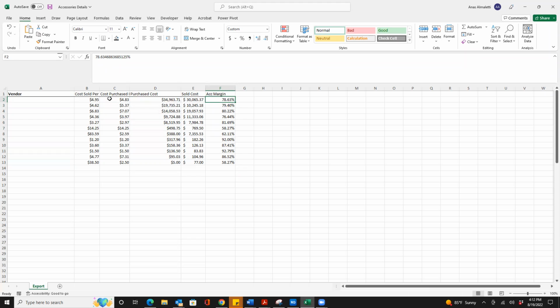In this particular example, this vendor is offering me $4.83 per unit purchase, and we're getting 7 to 8% margins from this vendor. Now, I like seeing my accessory margins above 80%. And what's really interesting here that you could lose sight of, you might be foregoing a good vendor, because when you look at the per unit purchases, you'll see that this vendor is charging you $7, whereas this vendor is charging you $4.83.